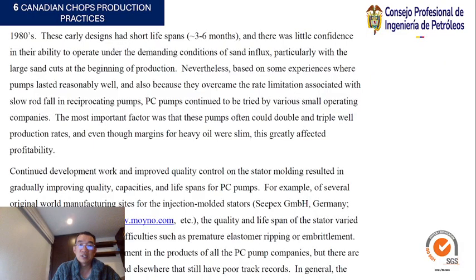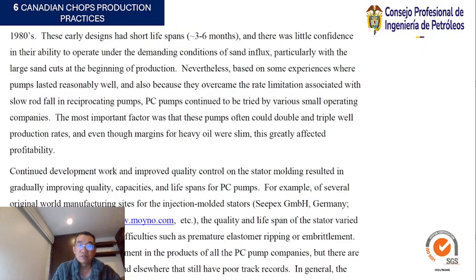The most important factor was that these pumps often could double and triple their production rates, and even though modern recovery of heavy oil was slim, this greatly affected profitability. Continued development work and improved quality control on the stator molding resulted in gradually improving quality, capacities, and lifespans for PC pumps.